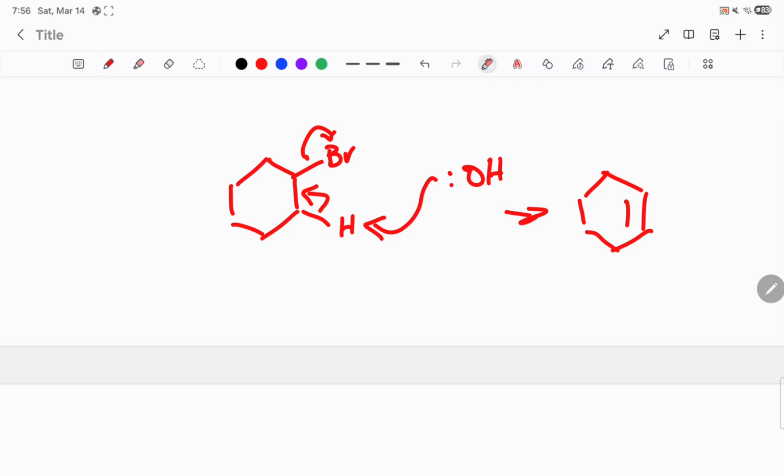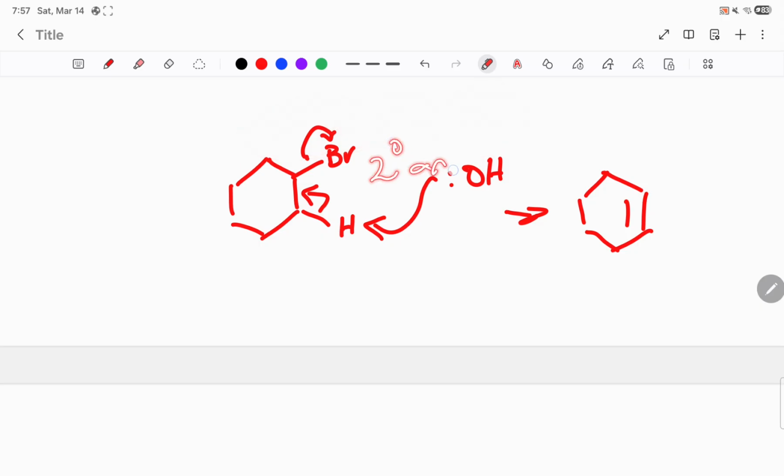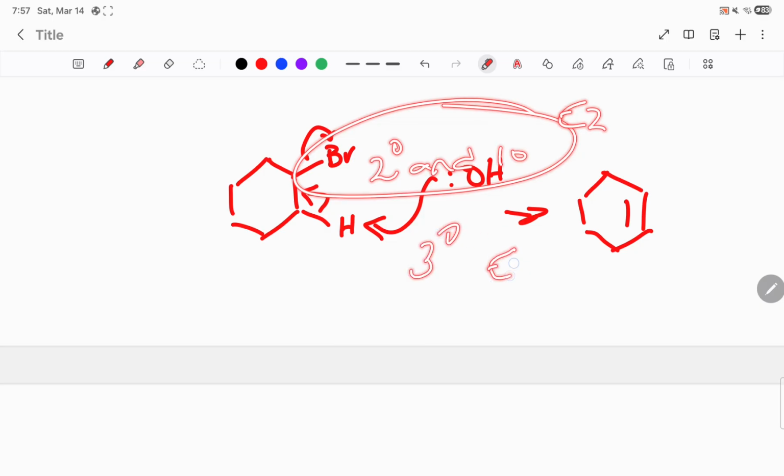But like I told you, in a cyclic system where we have an E2 mechanism occur, an E2 mechanism for an alkyl halide like this usually occurs for a secondary and tertiary. Secondary and primary undergo E2, whereas a tertiary undergoes E1.